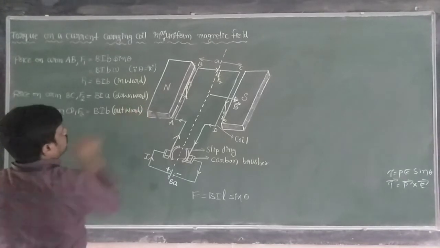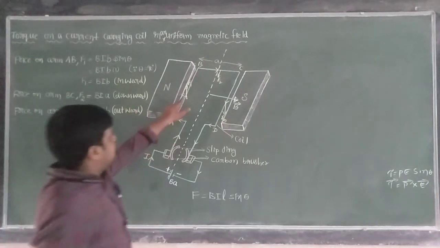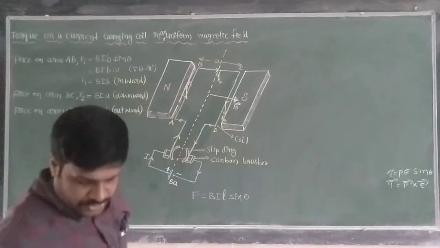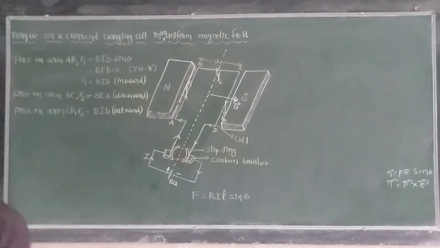This force is inward to the board, and this force is outward from the board. Next one. Thereafter, what is the force on arm DA?